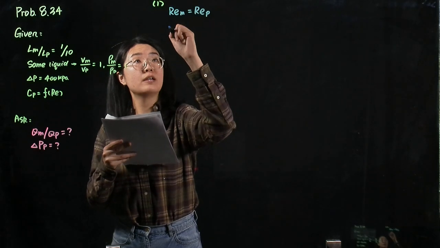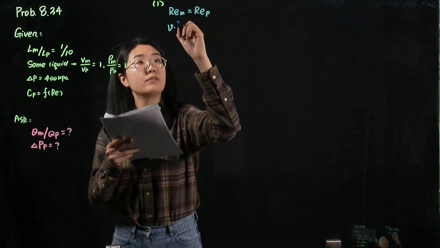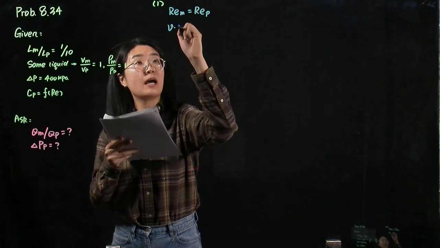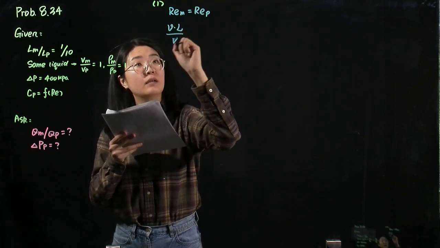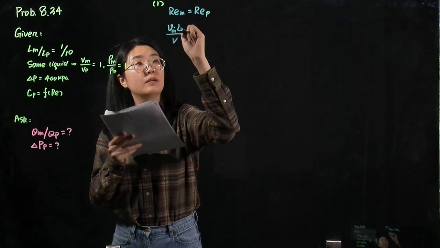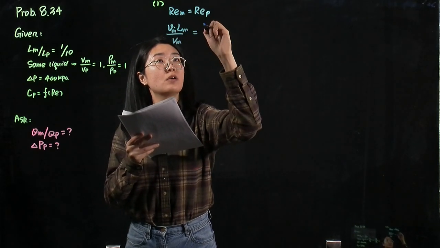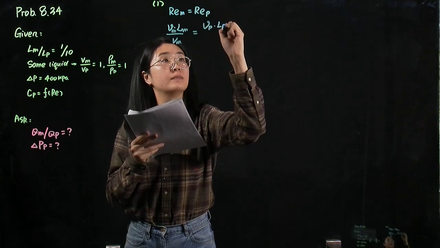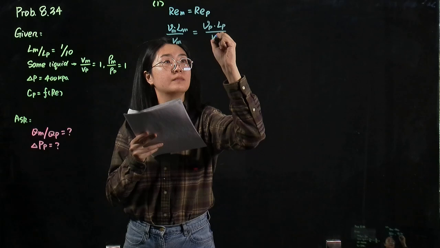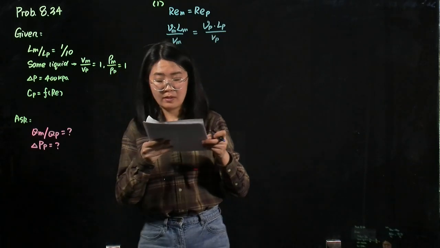The Reynolds number equals the velocity times L divided by the kinematic viscosity. We do the same on the right-hand side.